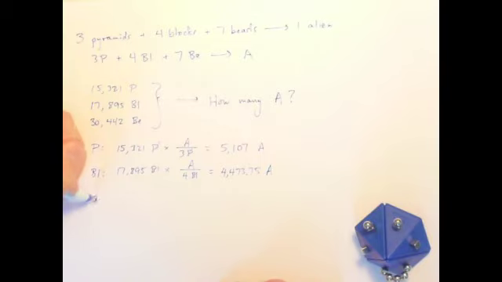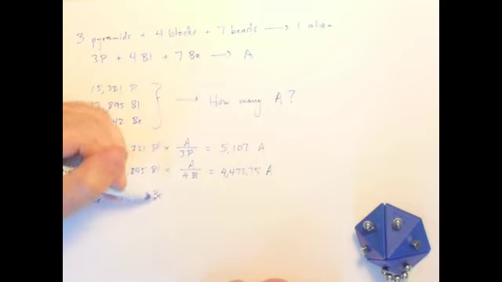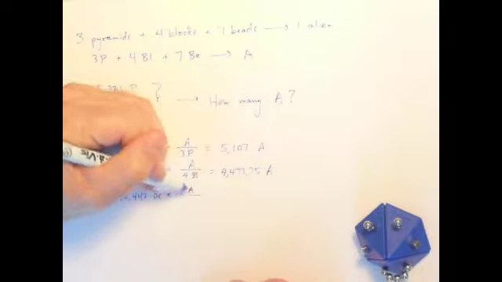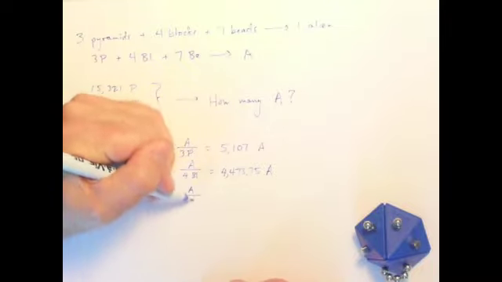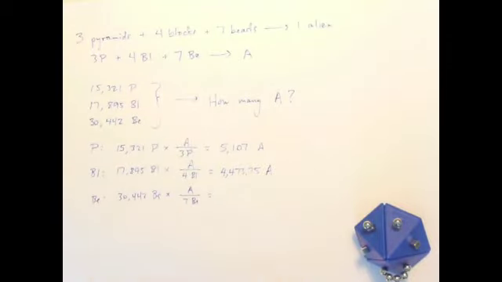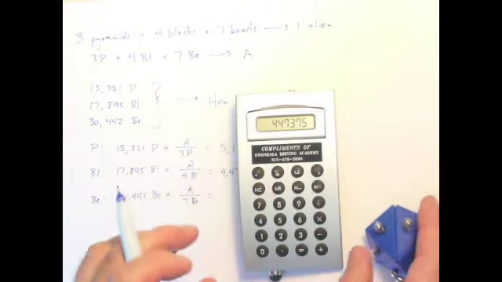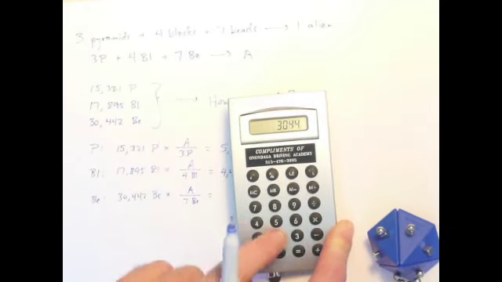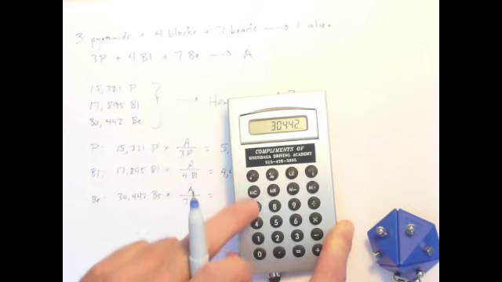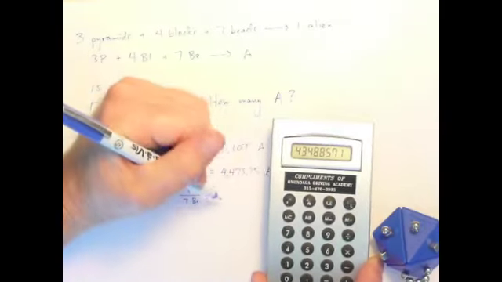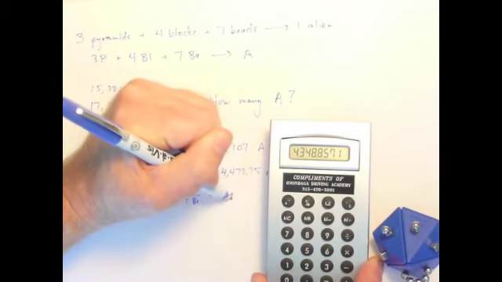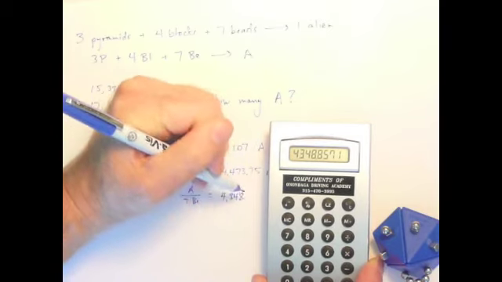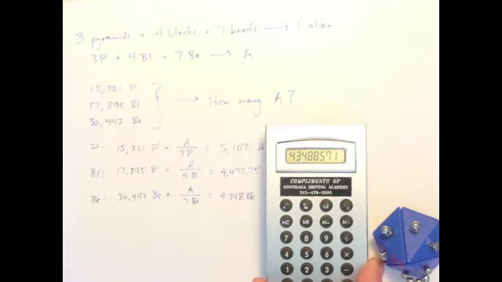And our calculation for beads, we have 30,442 beads. Our conversion here is we make 1 alien for every 7 beads, and so our calculation then is 30,442 divided by 7, and that comes out to be 4,348.86, say.